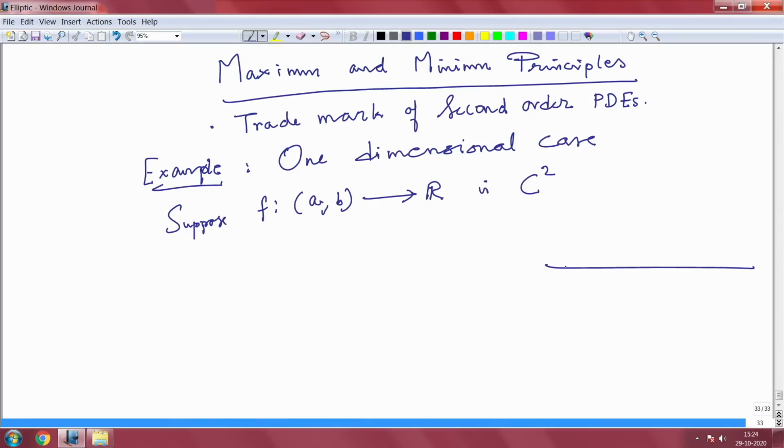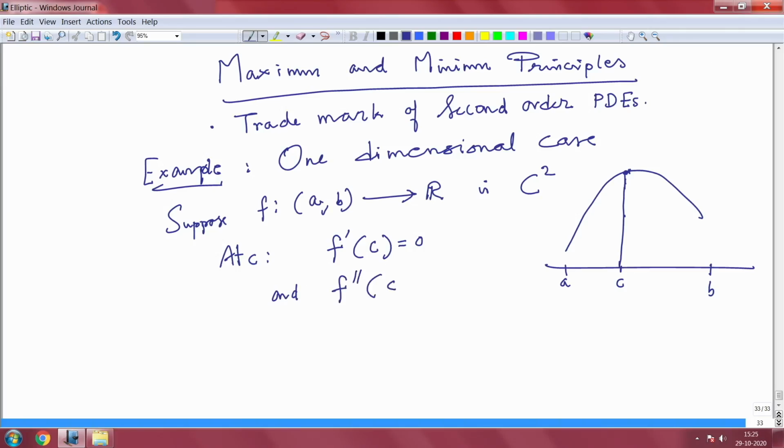So, you have an interval here, and look at a function something like that. What can you tell about this point? This is your AB and this is your point C. This is a maximum point. At C, you know that f prime of C equals 0, but f prime of C can be 0 even at a minimum point, and at the maximum point you get f double prime of C is negative.